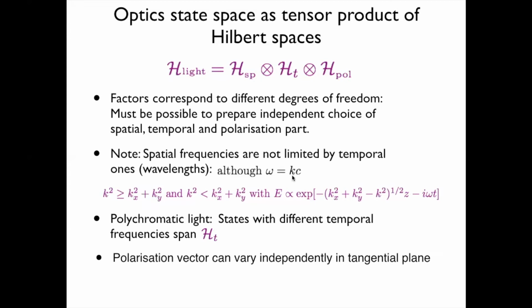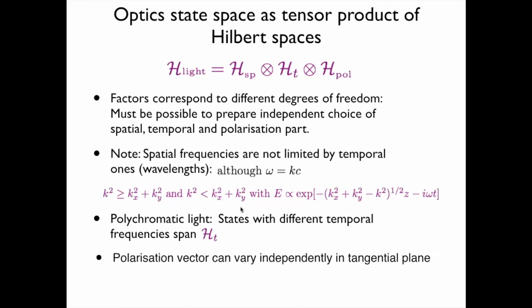C was the speed of light, by the way, in the spatial part, and since this is fixed, let's say we have a fixed omega, or in other words, a fixed wavelength, then one would say, okay, it probably means that somehow we cannot choose these things independently. For example, one could say, if you have k squared, a positive number, then this k squared, which is kx squared plus ky squared plus kz squared, is always greater or equal to kx squared plus ky squared, and that limits your choice of kx and ky.